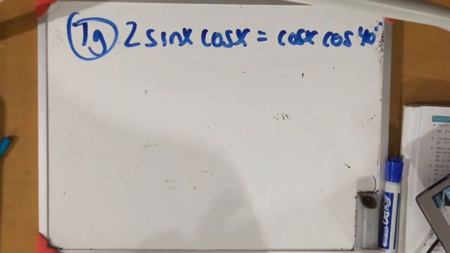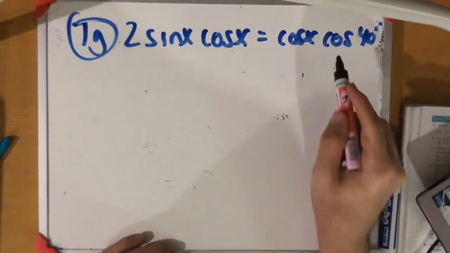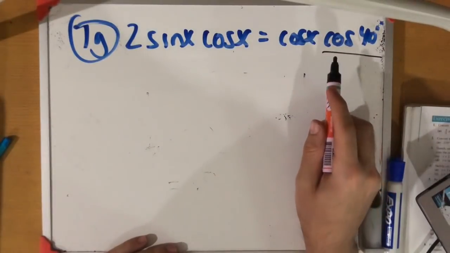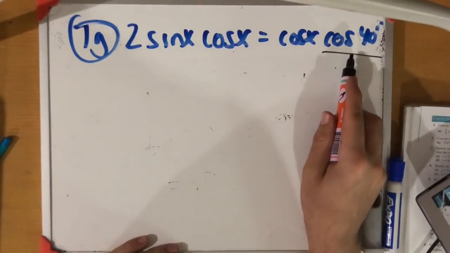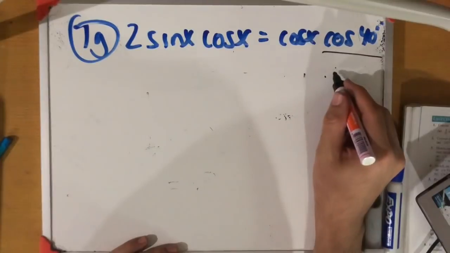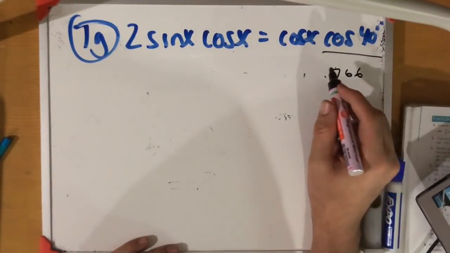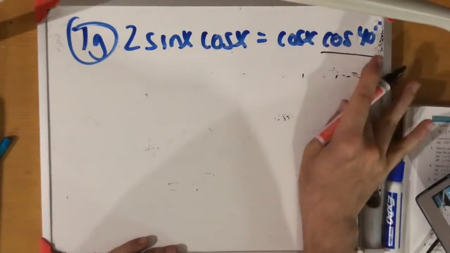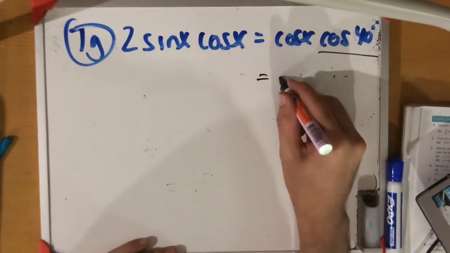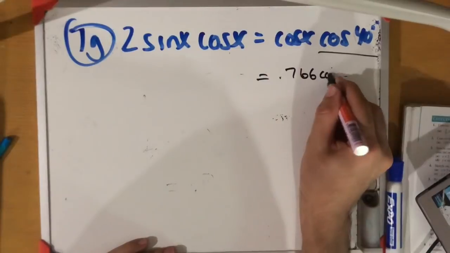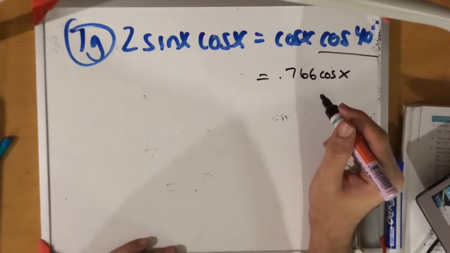7G looks a bit different since we have cosine 40 degrees. You do want to evaluate that in degrees. This ends up being equivalent to 0.766. Okay, well, 0.766 times cosine x is just 0.766 cosine x, right?